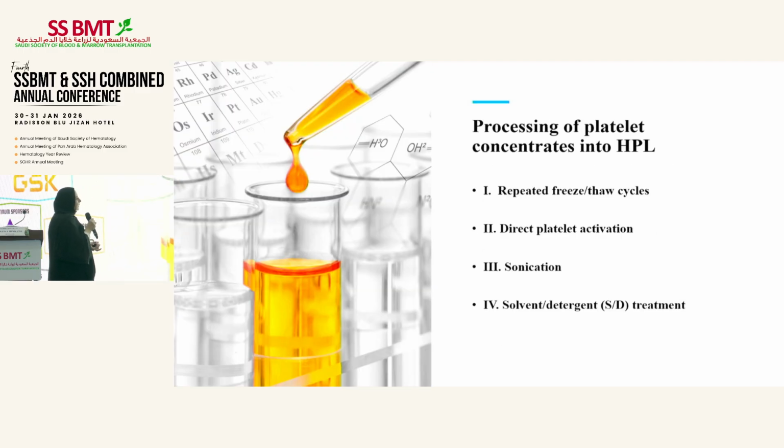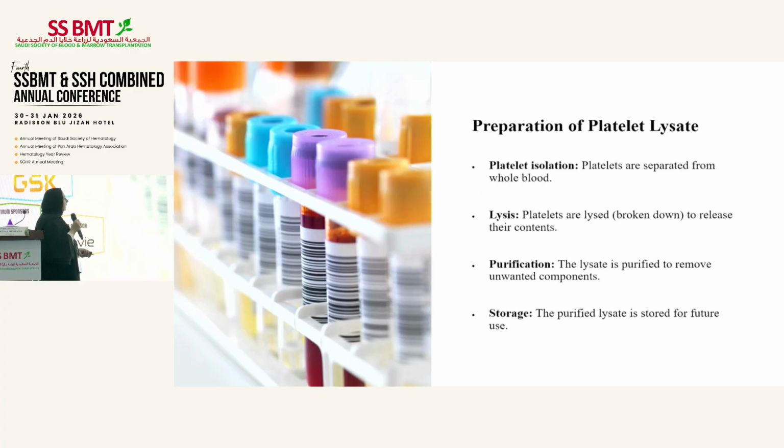How can we do the process? We can do it through repeated freeze-thaw cycles, direct platelet activation, sonication, and solvent detergent treatment. We have to do platelet isolation first, separating the platelets from whole blood. Then we do lysis of the platelets to release their contents, then purification of this lysate to remove unwanted components.